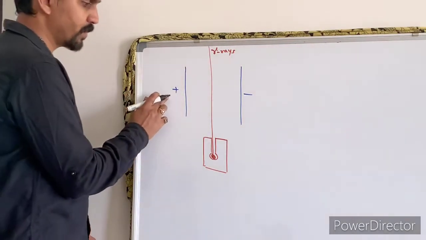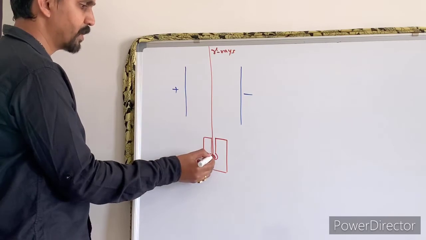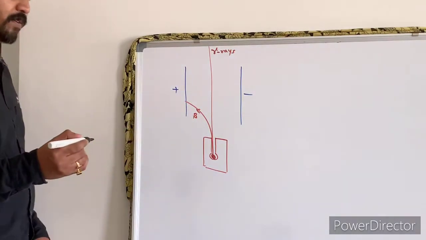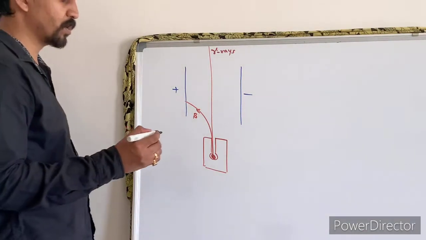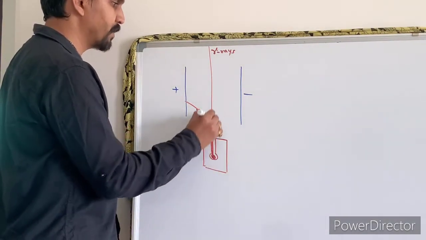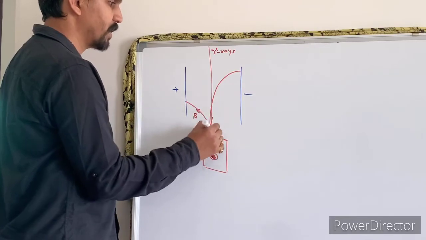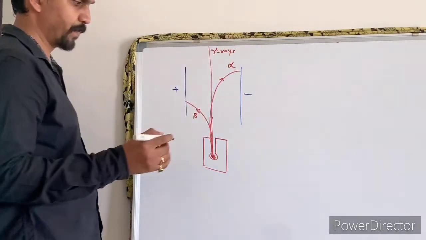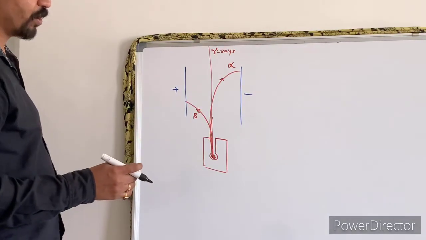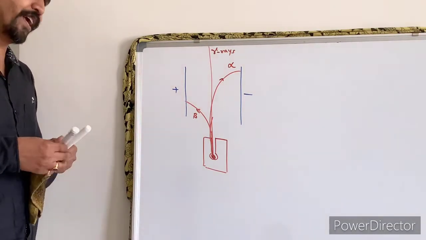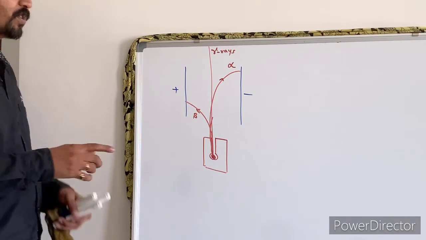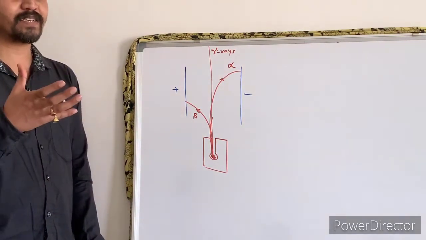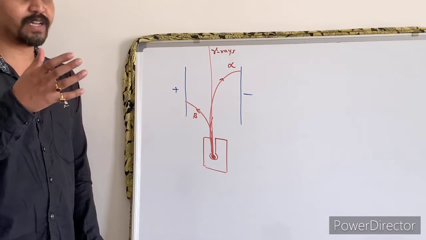Now this plate is positively charged, therefore beta particles are attracted toward this. This is beta, because beta are negatively charged, therefore they are attracted towards the positive plate. Alpha being positively charged, they are deflected towards the negative plate. This is your alpha. Now if you observe, deflection is more for beta, because electrons are light particles.